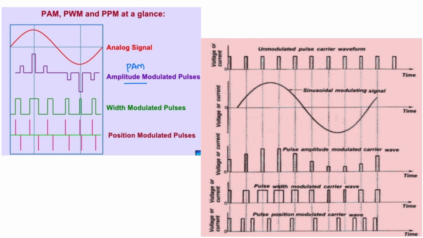In pulse width modulation, the width of the pulse is varied in accordance with the magnitude of the message signal. In pulse position modulation, the position of the pulse is varied in accordance with the magnitude or amplitude of the message signal. So this is the periodic pulse train, message signal m of t, PAM, pulse width modulation, pulse position modulation. Pulse width modulation is also called pulse duration modulation.